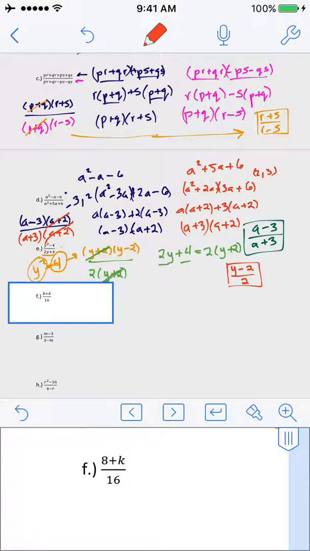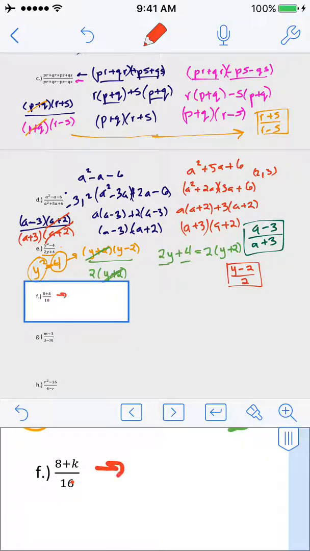Let's try another one. 8 plus k over 16. Well, remember, I can't cancel things that are being added or subtracted. So I can't just willy-nilly cancel away, right? There's one other thing I could do, though. I could rewrite this into separate fractions.